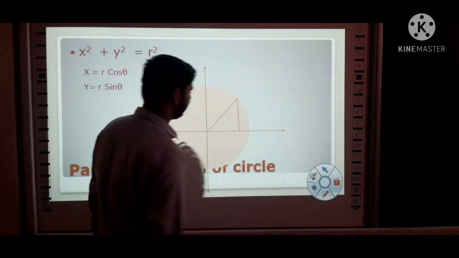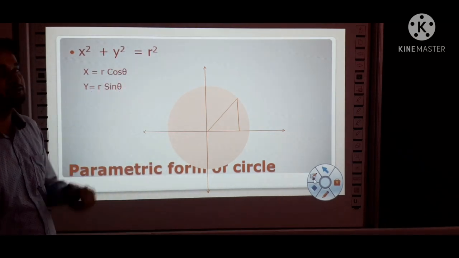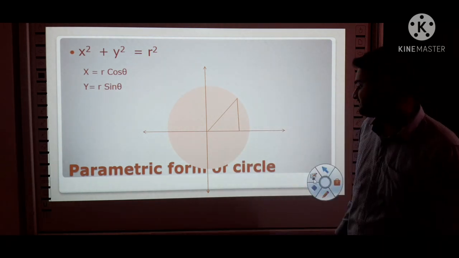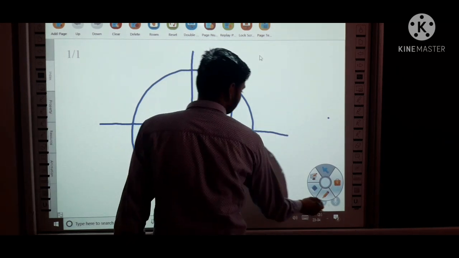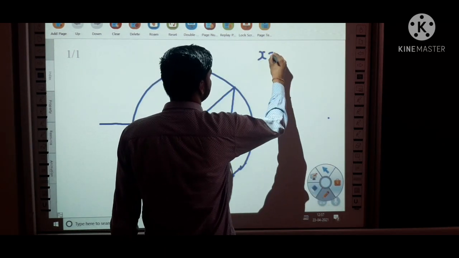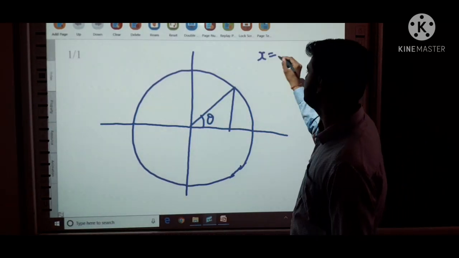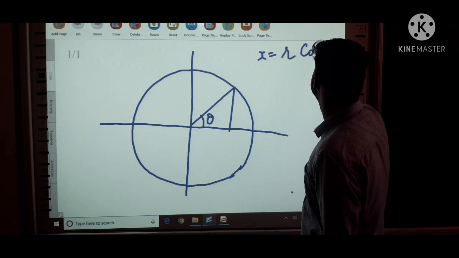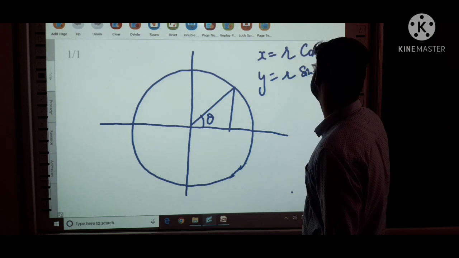The parametric form of circle is x square plus y square is equal to r square, where the value of x is r cos theta and the value of y is r sin theta. Like this, the value of x is equal to r cos theta and y is equal to r sin theta.